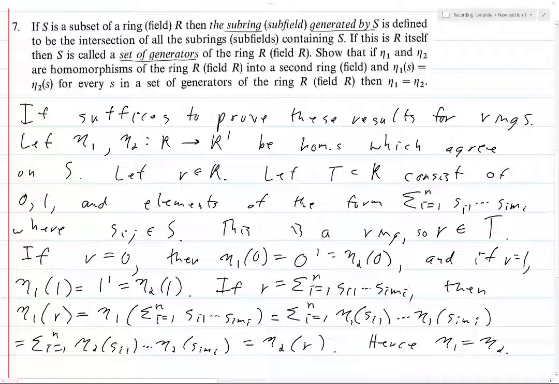We brought it inside the sum itself using the homomorphism property of addition, and then within each individual product using the homomorphism property of multiplication. So you really do use everything here, but once you do, there you go. You prove that eta 1 and eta 2 are equal if they agree on a generating set. This completes our proof.